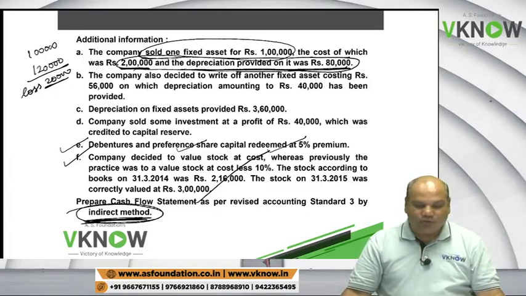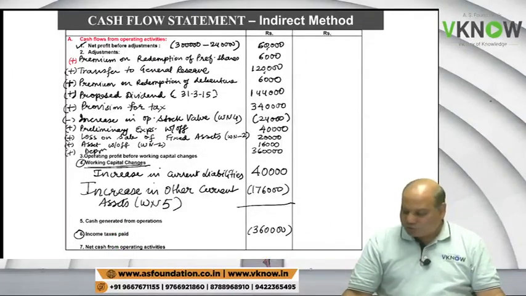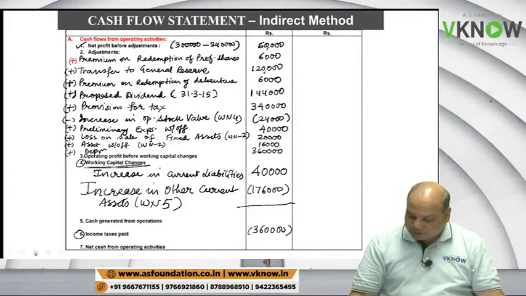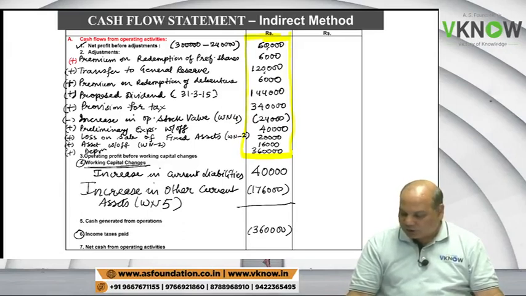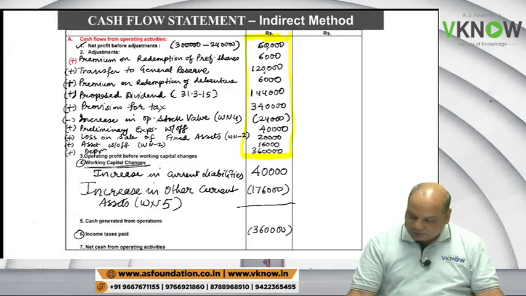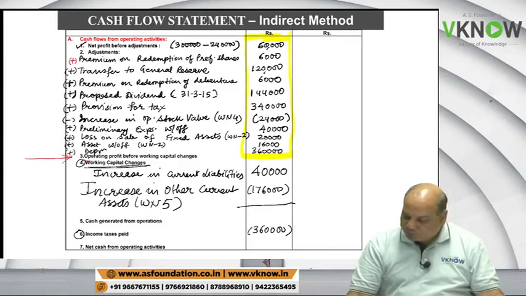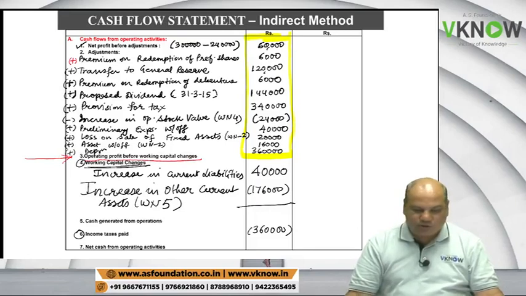Then why are you waiting? You should go to cash flow from operating activity. Take your calculator, add from 60,000 till 3,60,000, and you will get what is called operating profit before working capital changes.